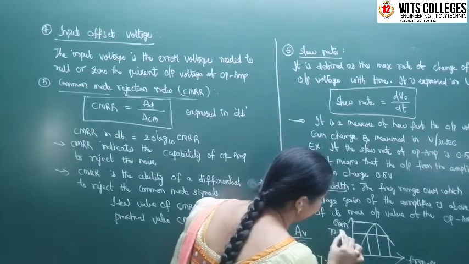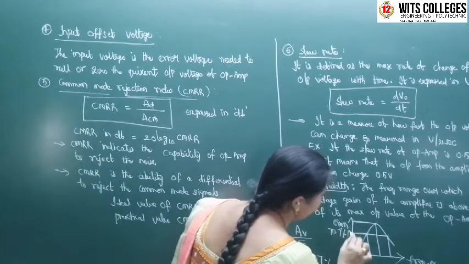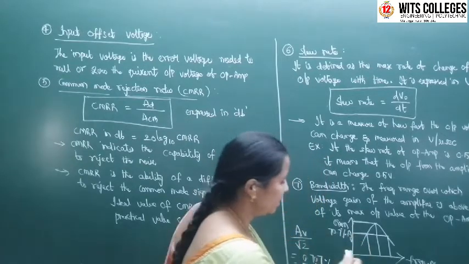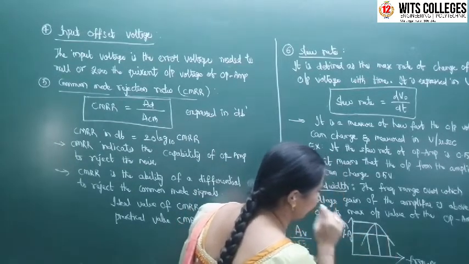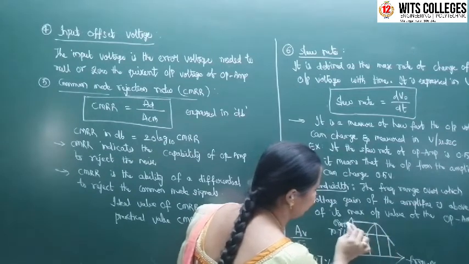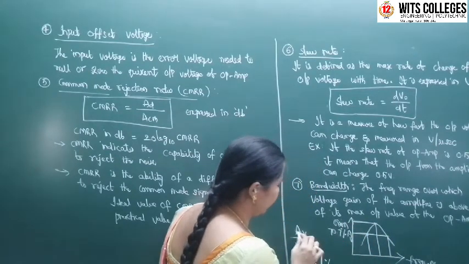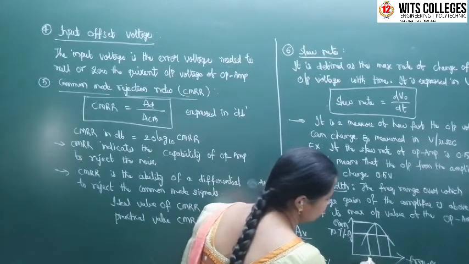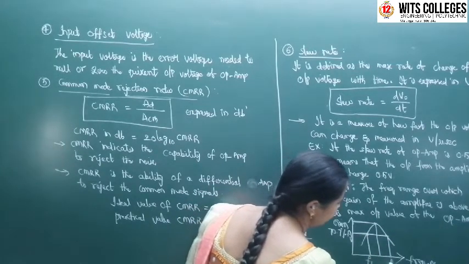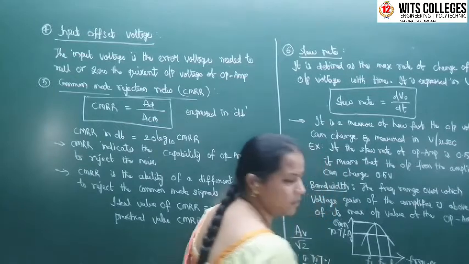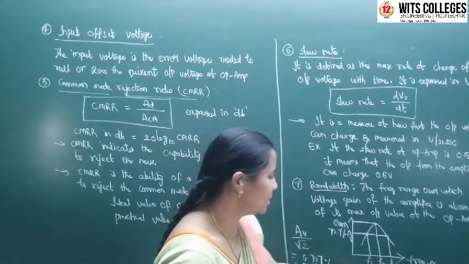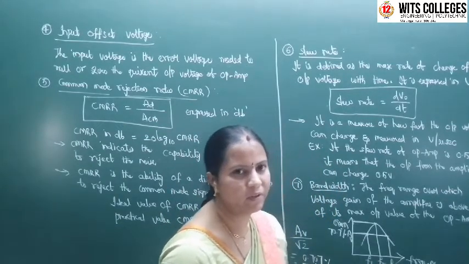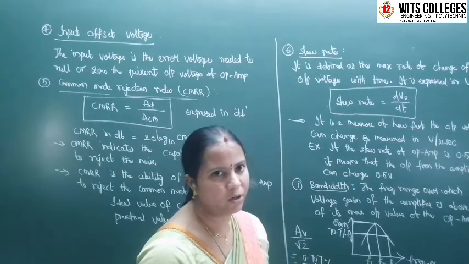So this is up to 70.7 percent of the maximum gain AV. If you calculate 1 by root 2 of the maximum value, you will get two points right here. These are F1 and F2, and this is the resonant frequency. F1 is the lower cutoff frequency and F2 is the upper cutoff frequency.